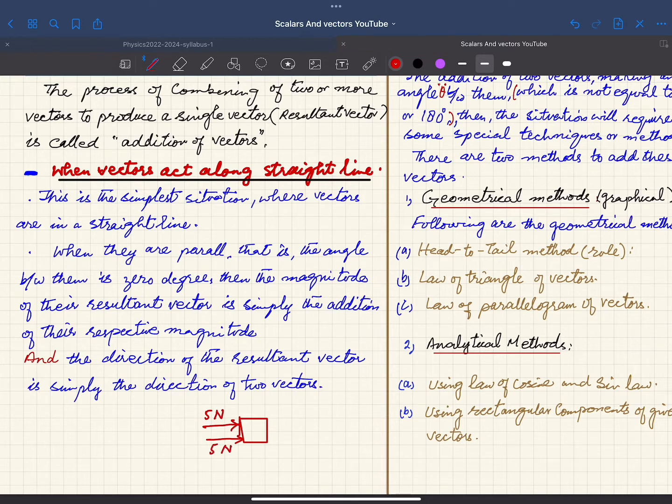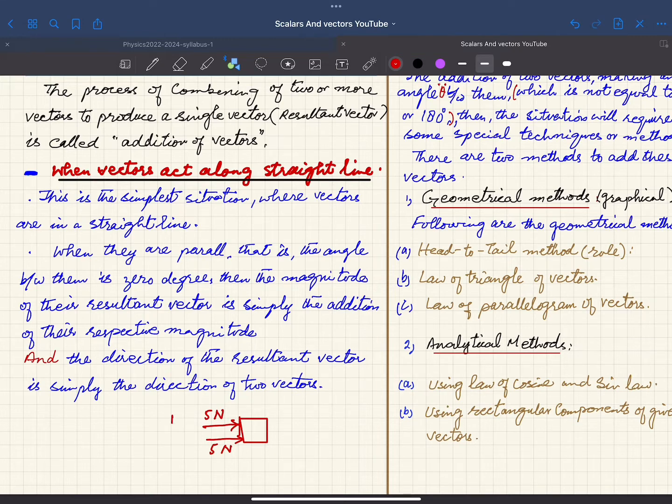Both of these vectors are parallel and make an angle of 0, and they are in a straight line. This is the simplest situation, where we simply add their magnitudes, and the direction of the resultant vector is simply the direction of the two vectors.